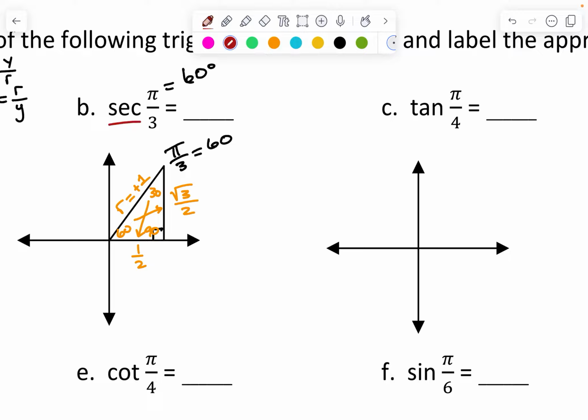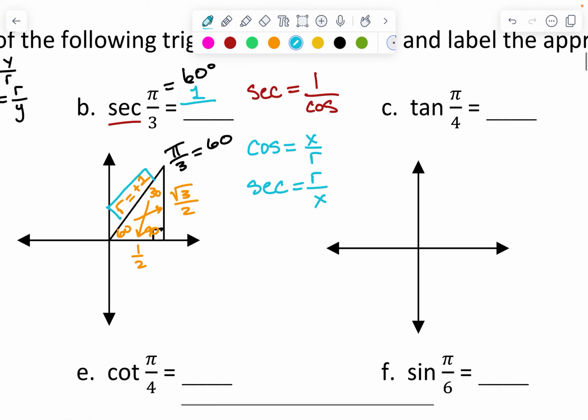I'm looking for the secant. Secant is the reciprocal of cosine. So cosine is x over r, and the reciprocal of that is r over x. So I need to find my r value, which is 1, and I'm going to divide it by x, which is 1/2.